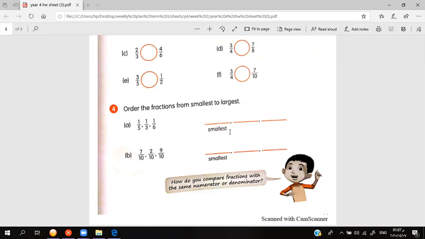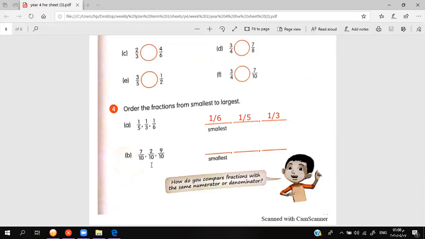Right? Here I cut it into 6 parts. In each one I'm going to take only one part. So which part will be smaller? Definitely the one from the 6. Because when I cut something into 6 parts, the part will be smaller than if I cut it into 5 parts or I cut it into three parts.